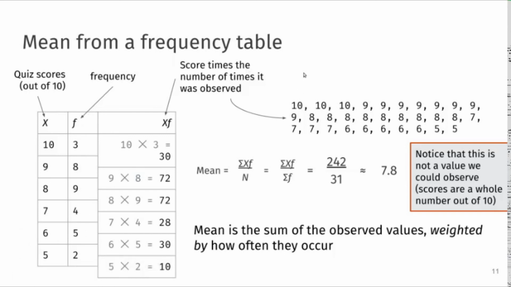So it would be 10 times 1 plus 10 times 1 plus 10 times 1 plus 9 times 1 plus 9 times 1, etc. Now, this would be an inefficient way of doing it, but what I hope this illustrates is the case where there aren't necessarily repeated observations.